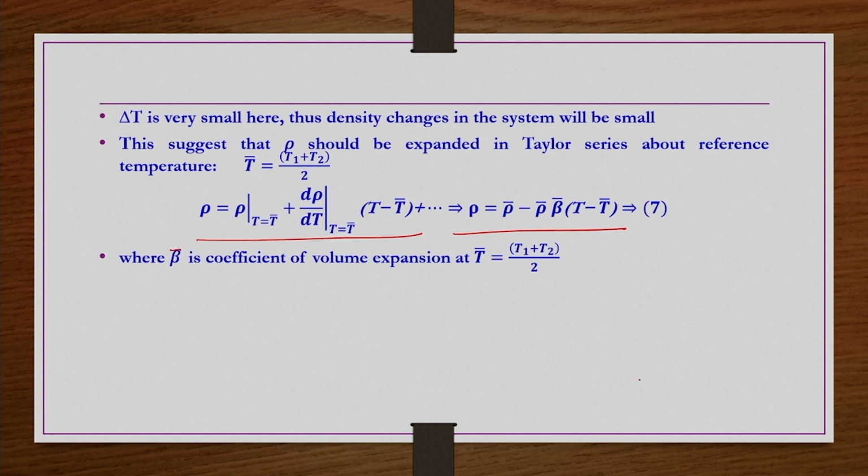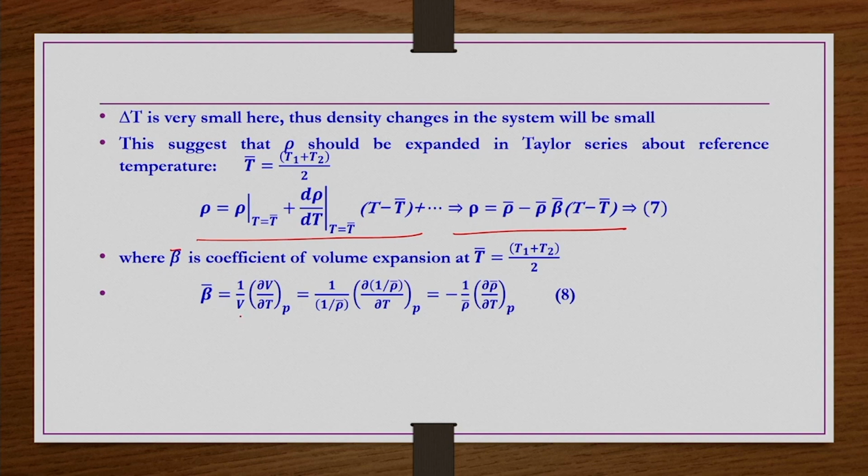This beta bar, the definition of coefficient of volume expansion, is nothing but 1/V ∂V/∂T at constant P. For V we write 1/rho bar, because this V is for the volume, at the reference temperature T bar. So in place of V we can write 1/rho, at the reference temperature, rho bar. That is what we have done, and then we can differentiate this one.